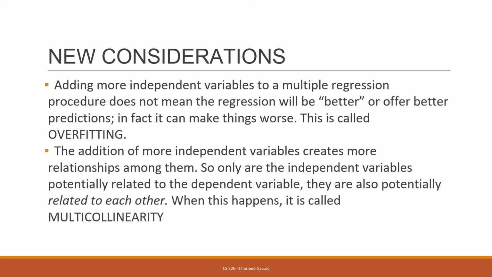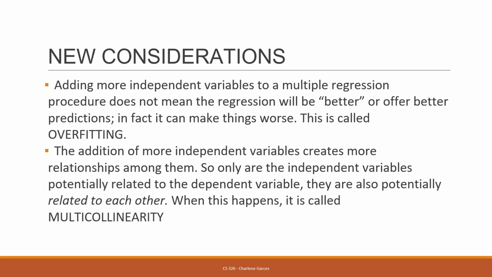And then we also have the addition of more independent variables creating more relationships among them. Meaning to say, it doesn't mean that the more independent variables you involve in your study, the better you get. It can make your study even worse when you involve a lot of independent variables that are not actually relevant in your study.